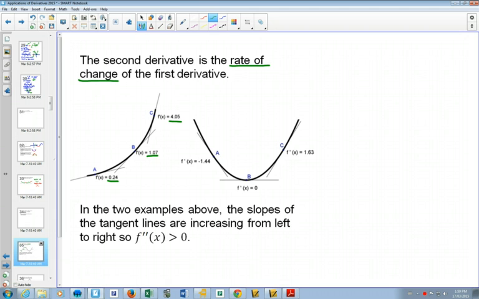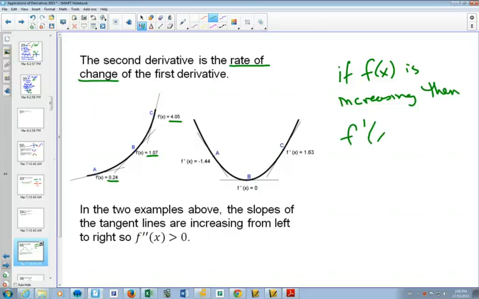If a function is increasing, we knew that its derivative was positive. Okay? That's something we had from before. If any function f of x is increasing, then the derivative was greater than 0. That's something we had from before.